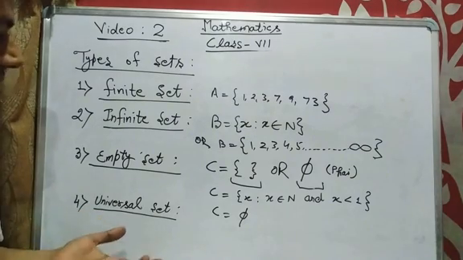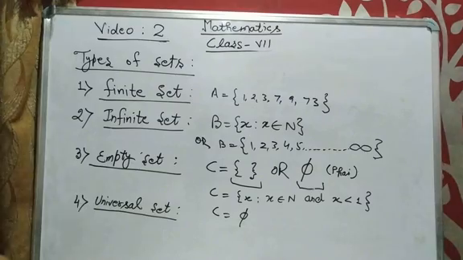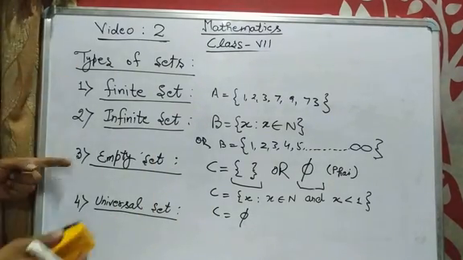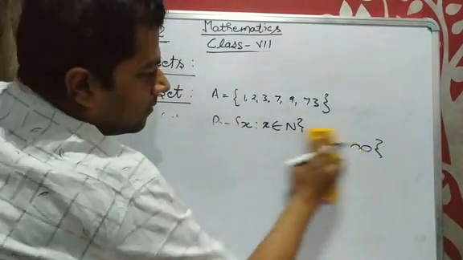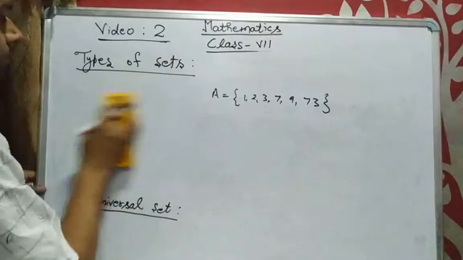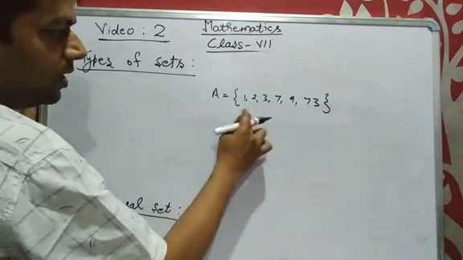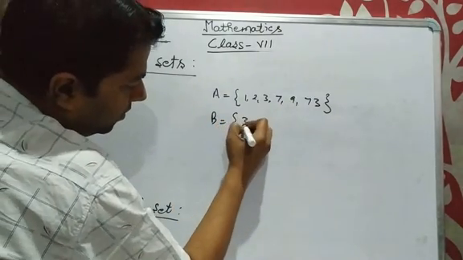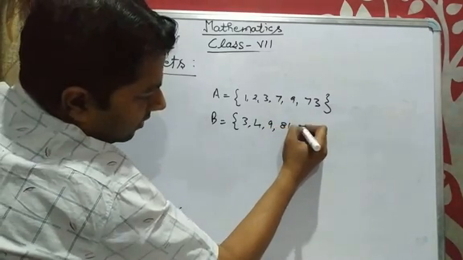Under consideration means sets we were talking about, here A, here B. Let us take some example. A is equal to these and B is equal to 3, 4, 9 and 81, 92.